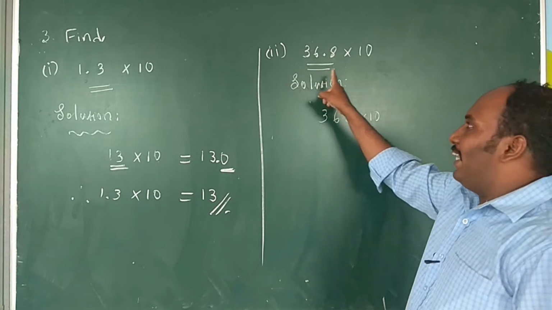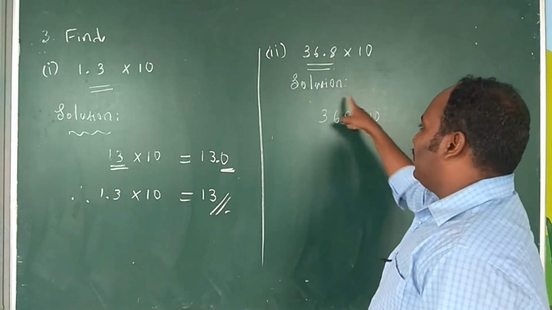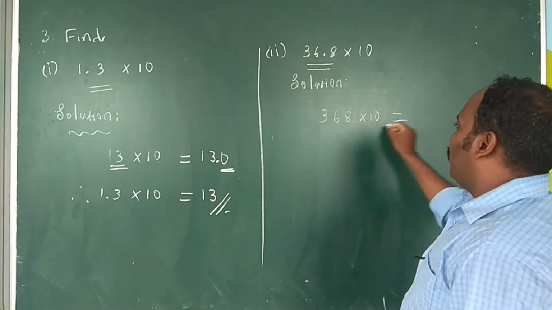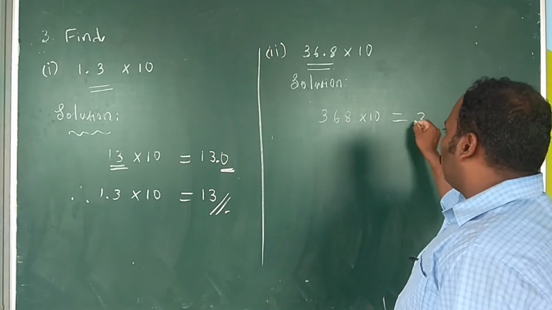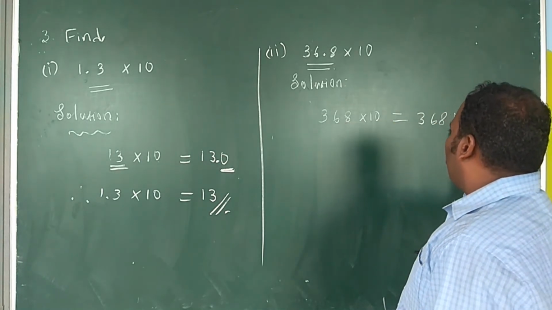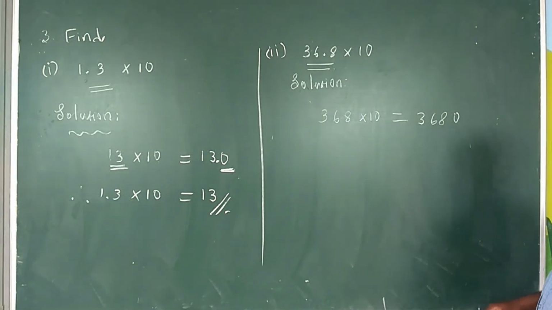Here 36.8 is given, so we take 368 into 10. 368 into 10 is equal to 3680.